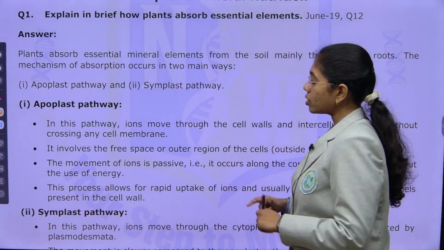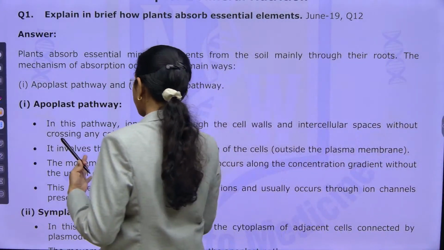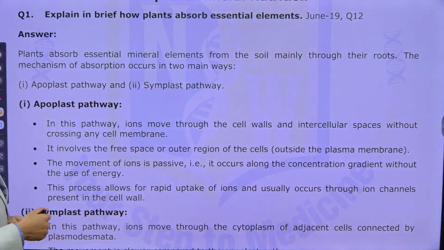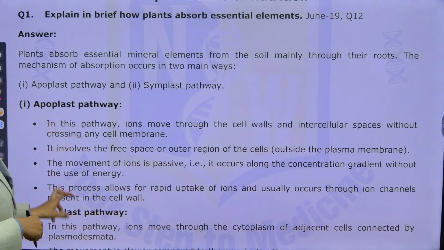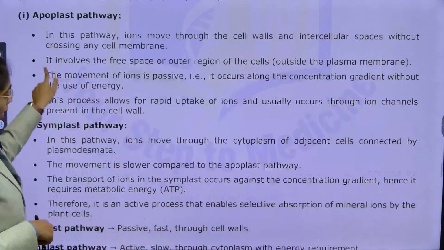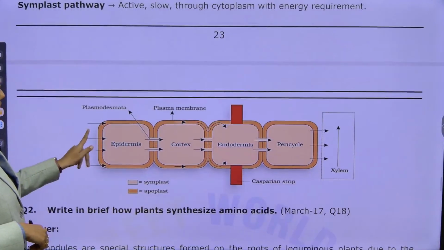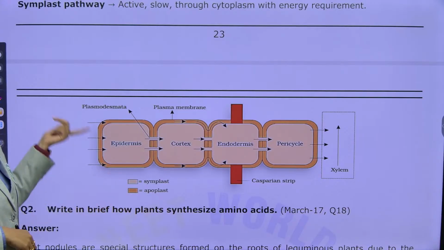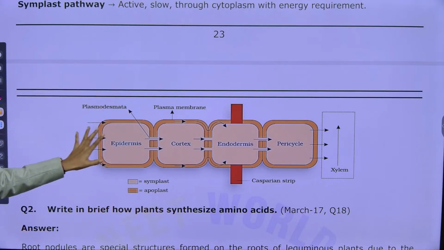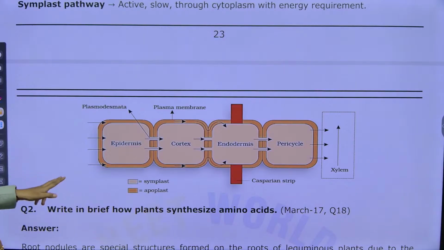In mineral nutrition also, the first question is from transport in plants only: explain how plants absorb essential elements. Plants absorb by apoplastic and symplastic movement. You have to highlight what is apoplastic movement and what is symplastic movement. This diagram is mandatory if you are presenting that answer. Apoplastic movement is transport of water.